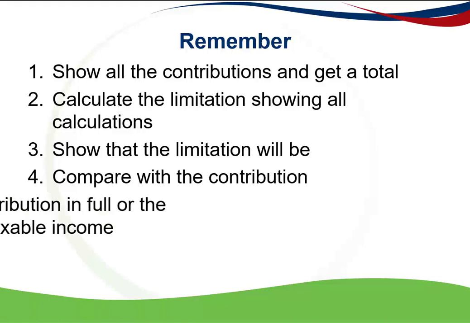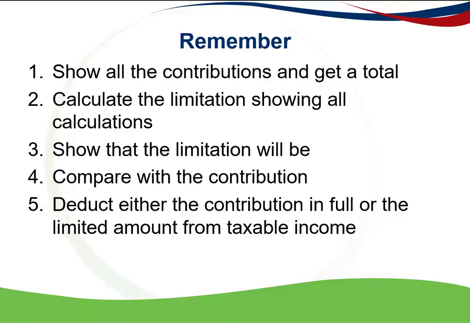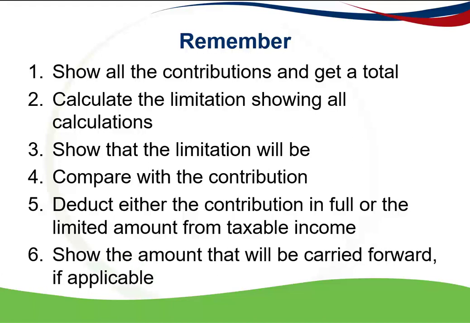And then you'll either be able to deduct the contribution in full if it's less than the limitation, or the contribution will be limited to the limitation and you can deduct it from taxable income. And then if applicable, so if the contributions have been limited in terms of this limitation, you need to show the amount that will be carried forward to the next year of assessment.